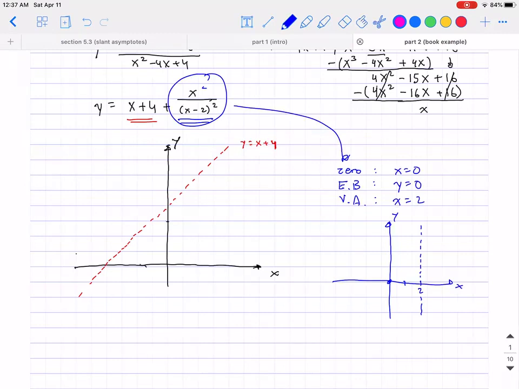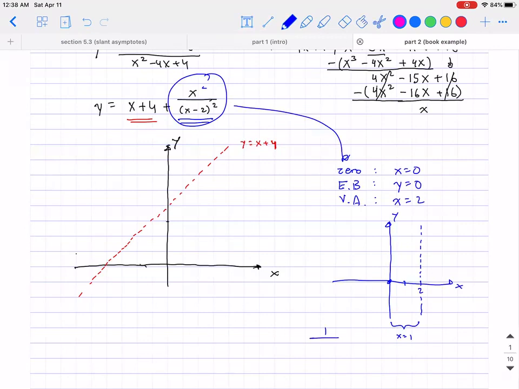We can then figure out what the graph looks like by figuring out in which intervals it is positive or negative. For example, let's look at this interval over here. Let's plug in x is equal to 1 into the equation.